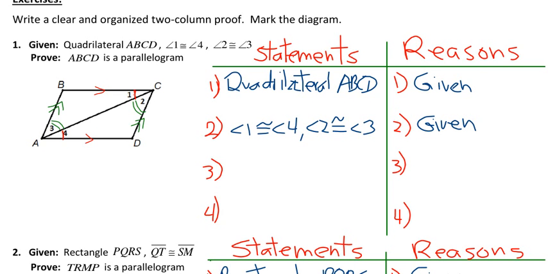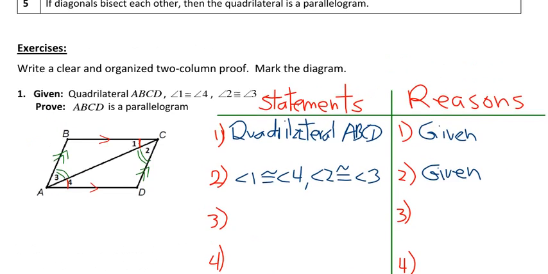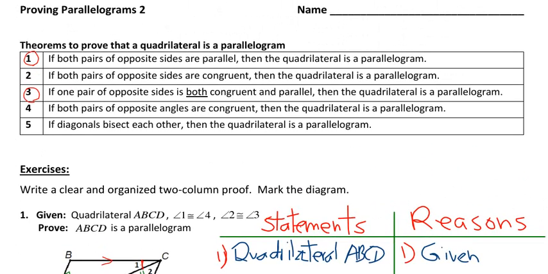And now look at what we have. We have both pairs of opposite sides being parallel, and that is theorem number 1 from our table above, which says if both pairs of opposite sides are parallel, then the quadrilateral is a parallelogram.